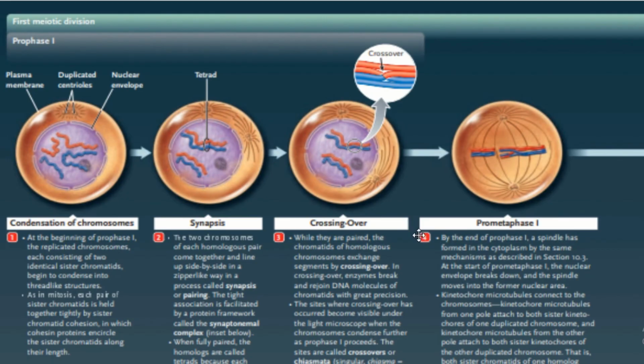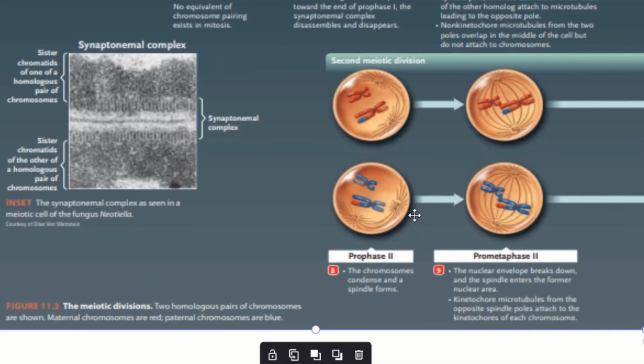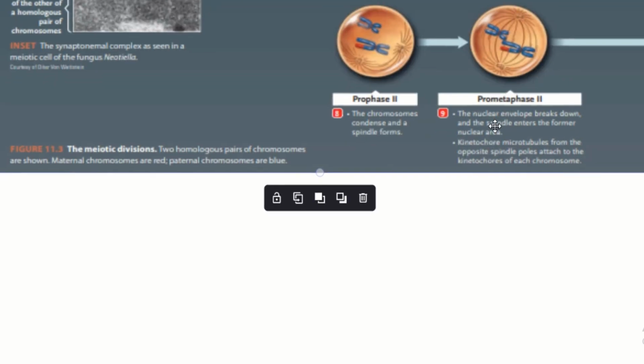This is the diagram from the book. It shows prophase 1, all the different stages in prophase 1, starting with condensation of chromosomes, synapsis, crossing over, prometaphase 1. Then we have the second meiotic division, where prophase 2 and prometaphase 2 occur.